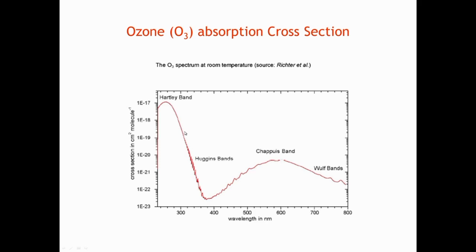So your tropospheric radiation is above 300, and so most of your absorption from ozone is above 300. So you might expect that photolysis of ozone is greater than 300 nanometers in the troposphere. Would that be true? The answer is no. So why might you think that you don't get most photolysis of ozone above 300 nanometers in the troposphere?